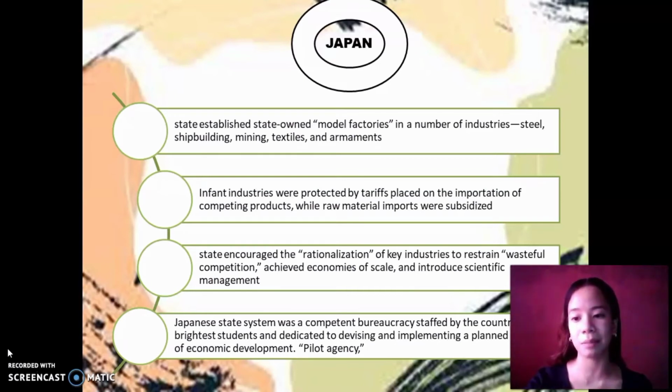So Japanese planners were able to guide the initial industrialization and subsequent industrial upgrading as new, more valuable industries were supported. For example, engineering, automobiles, and electronics, while older ones like shoes, textiles, or toys were encouraged to move offshore where cheaper input costs are available, remaining, of course, under Japanese control.